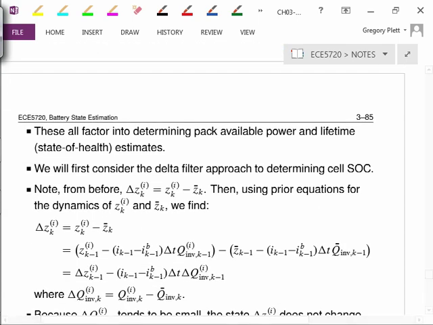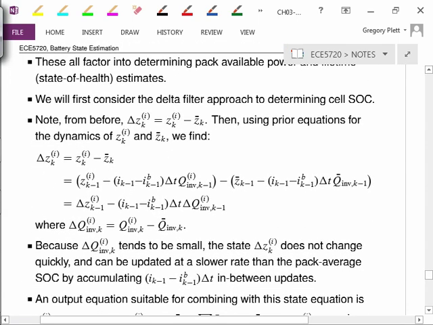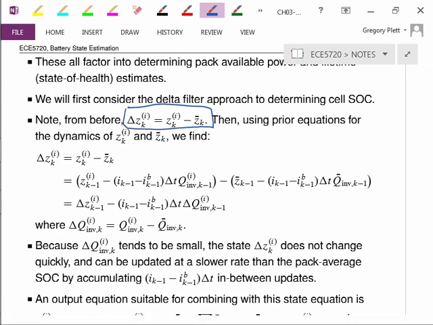So let's consider the delta filter approach to determining cell state of charge. The delta equation looks like this. So delta z of cell i is equal to the actual z of cell i minus the pack average state of charge. And using the prior equations I've already seen, we plug those in.